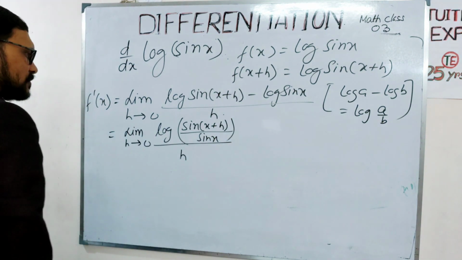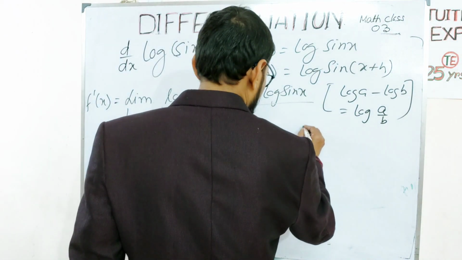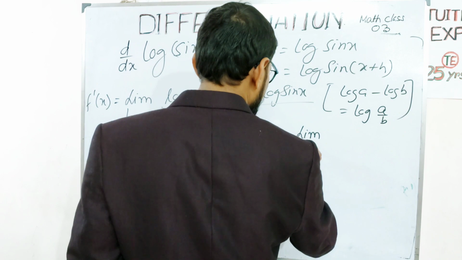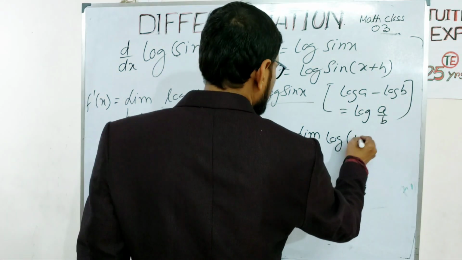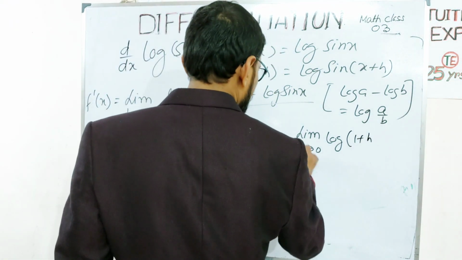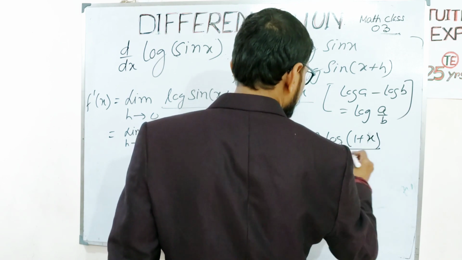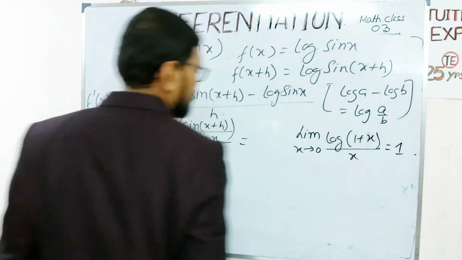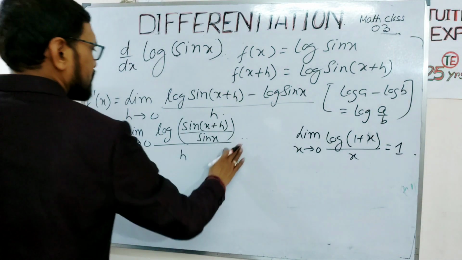Now we know one limiting formula: limit h tends to 0 of log (1 plus x) by x equal to 1. Now we try to use this formula here.